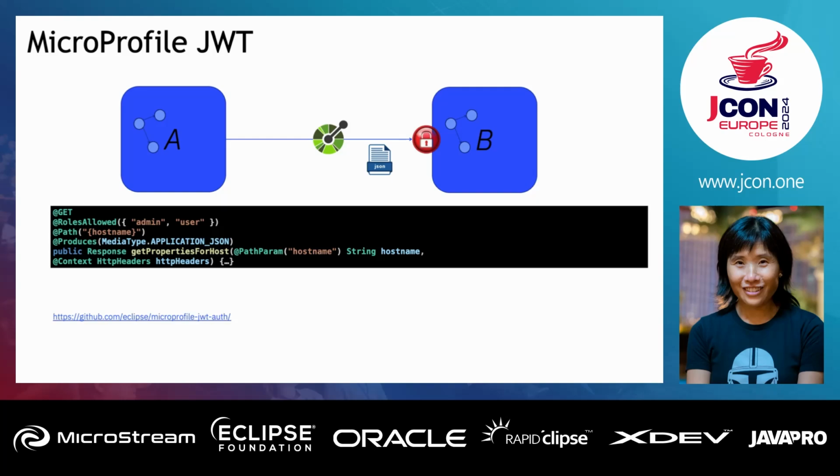In order to secure the backend, you use Jakarta Security, the annotation @RolesAllowed. You just say, okay, in this operation, I only allow the role admin or user to be able to access it. Apart from that, it will be forbidden. So let me demonstrate how this works.